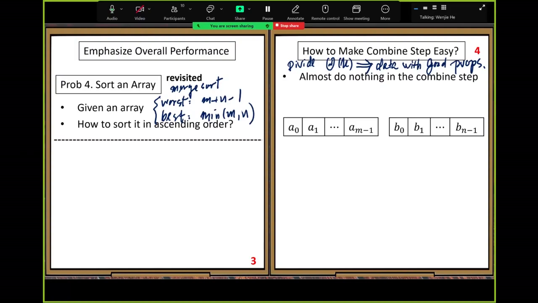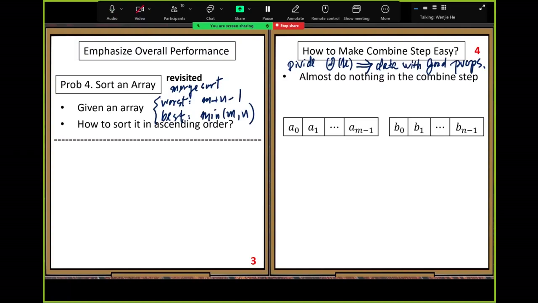In what two special ordered subarrays, when you combine them, do you just put them together and get one overall ordered array? Think about that special data arrangement. Is it possible we can get that kind of arrangement?